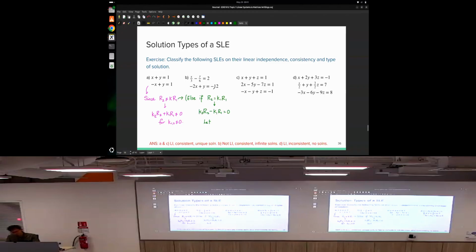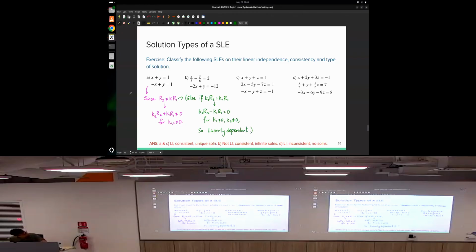Let me write it more clearly. If I put a k2 here, so that k2 row 2 equals k1 row 1, then you notice that this is going to be 0 for some non-zero k2 and k1. So if this is the case, then this is the condition for linear dependence.